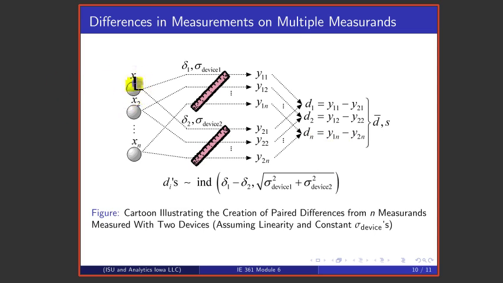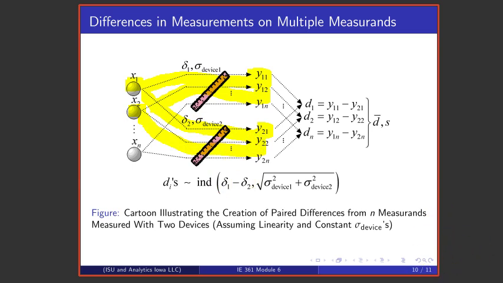So here measurand 1 goes through device 1 to produce a y. It also goes through measurement device 2 to produce a y. Measurand 2 goes through device 1 to produce a y, through measurement device 2 to produce a measurement.